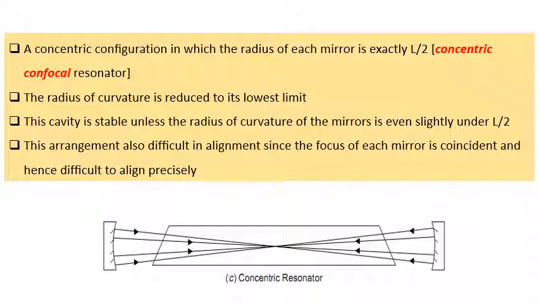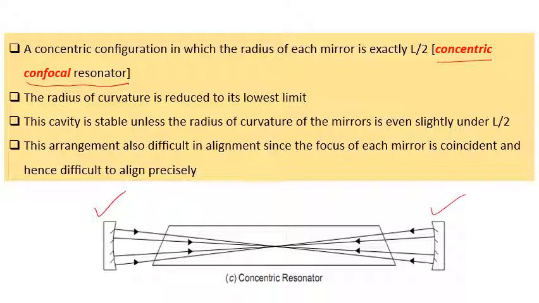On this slide, another configuration we are going to study, and it's called the concentric confocal resonator. Previous was confocal and now concentric confocal resonator. What exactly happened here? You can see two mirrors.